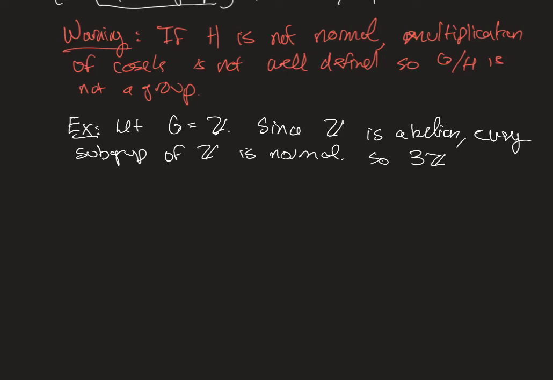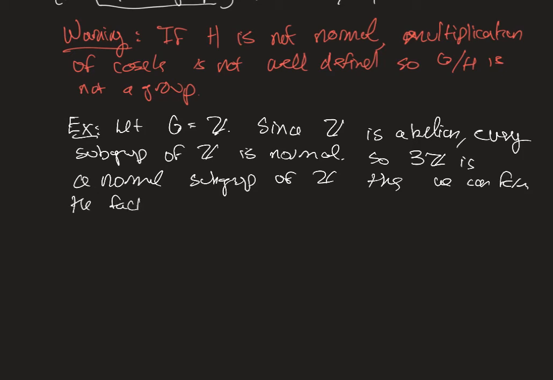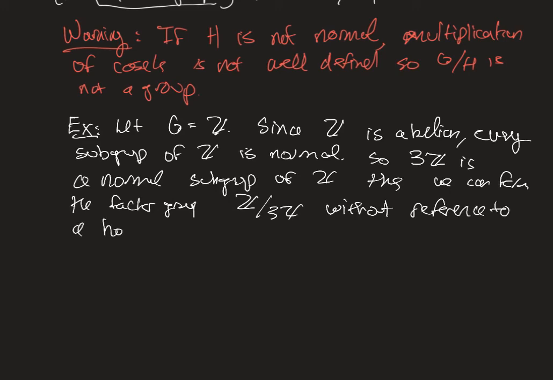So 3Z is a normal subgroup of Z. And thus, we can form the factor group Z mod 3Z without reference to a homomorphism.